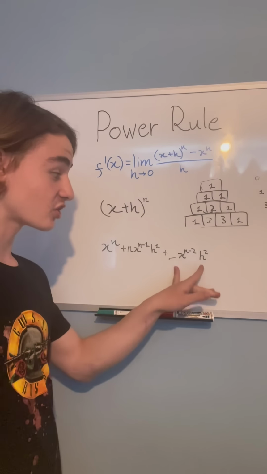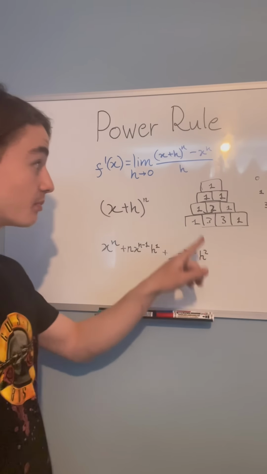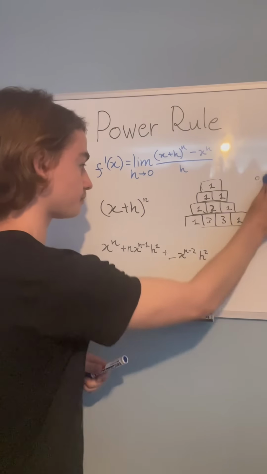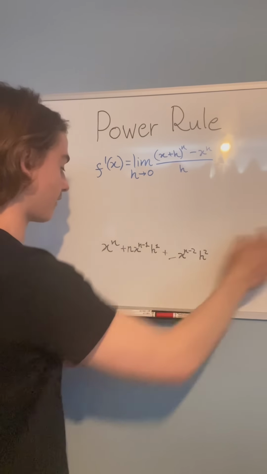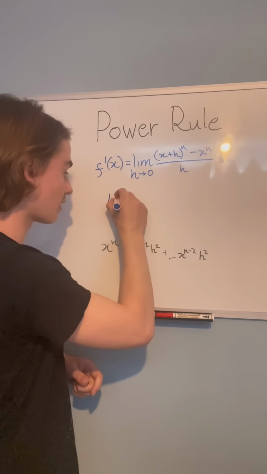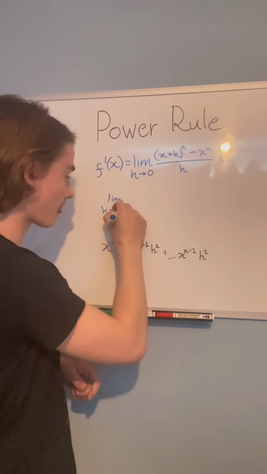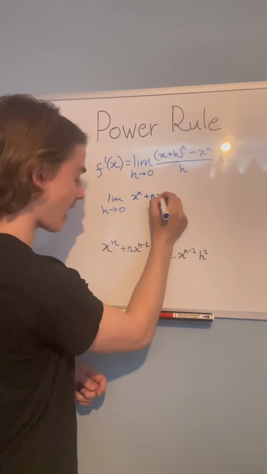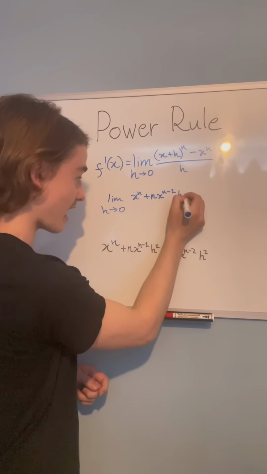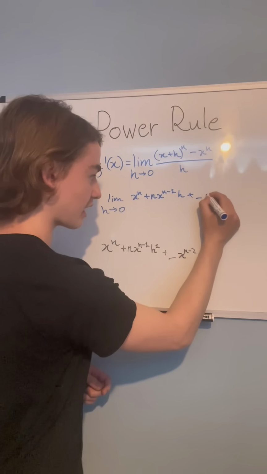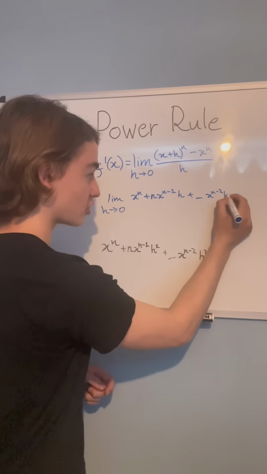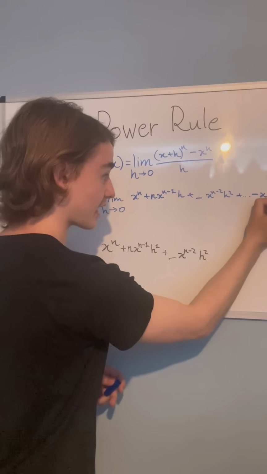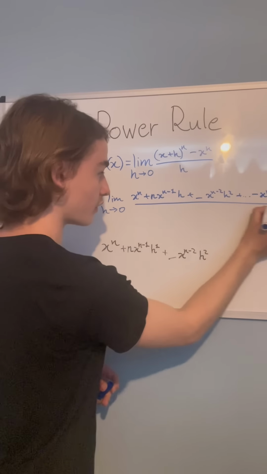But we can actually kind of ignore these terms, because if we put this into our limit here, what will happen is we are going to have the limit as h approaches 0 of x to the n plus n x to the n minus 1 h plus some constant x to the n minus 2 h squared, and then so on and so forth, and then minus x to the n from here, all over h.